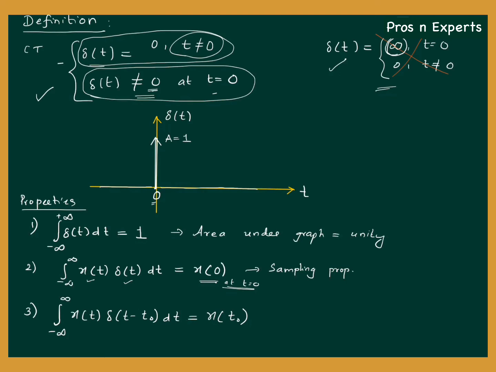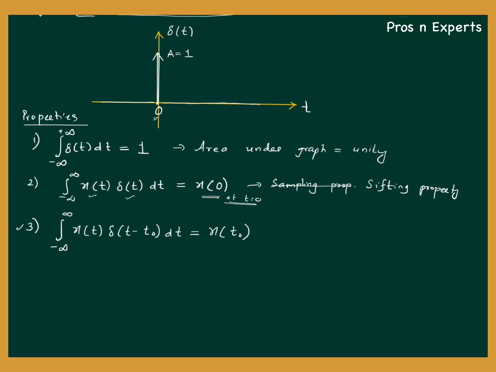I might have made a small mistake earlier: this is not the sampling property, this is the shifting property. We have got one more property. Actually, the third property is a consequence of the second property itself. You can refer to the text.